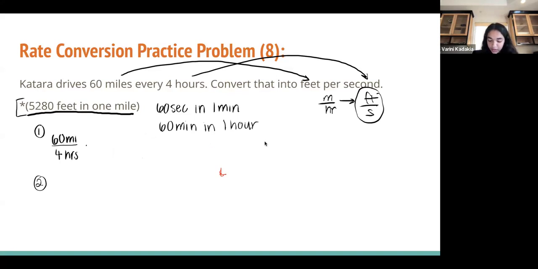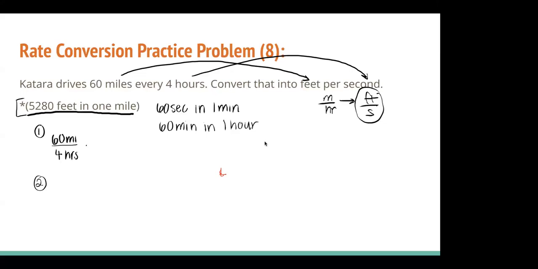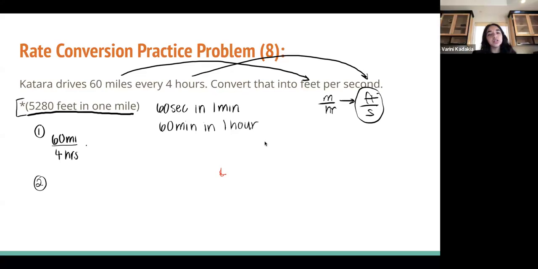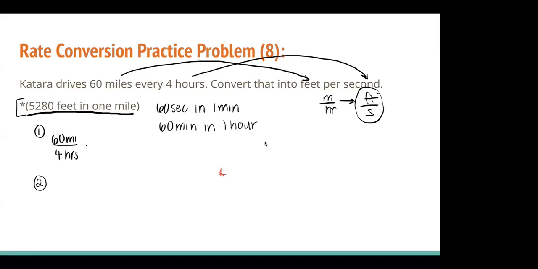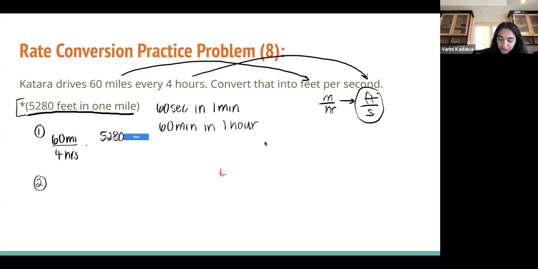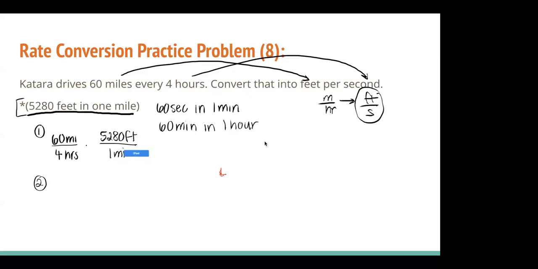Basically all I'm trying to say is that when you want to convert between units, you just need to make sure the units that you have cancel out, so you're left with the units you want to get. So if I want feet and my ratio is 5,280 feet over 1 mile, we want to cancel out the miles, so we're not left with miles anymore.